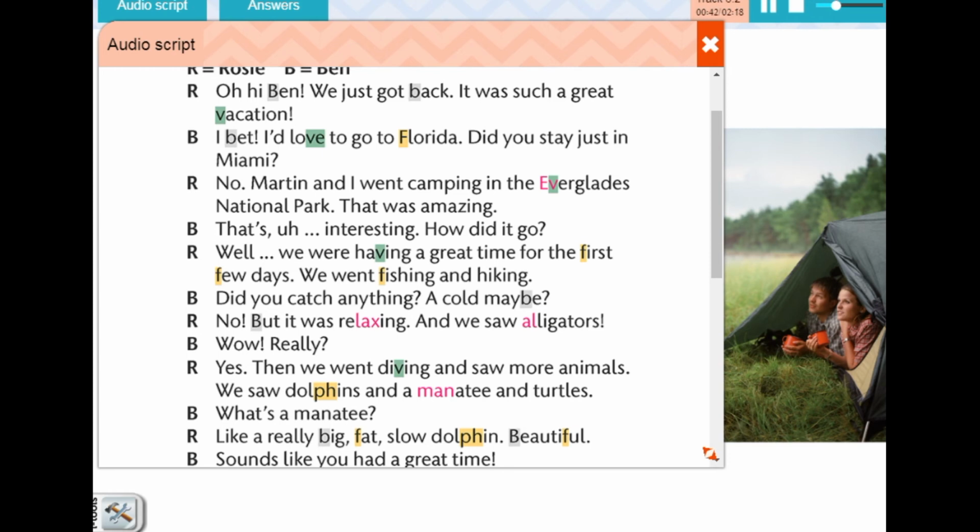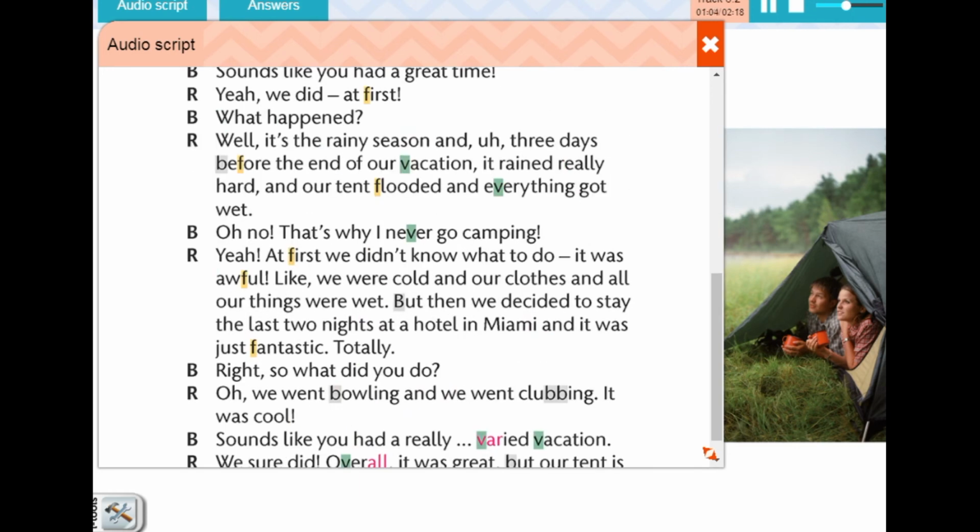We went fishing and hiking. Did you catch anything? A cold, maybe? No, but it was relaxing. And we saw alligators. Wow. Really? Yes. Then we went diving and saw more animals. We saw dolphins and a manatee and turtles. What's a manatee? Like a really big, fat, slow dolphin.